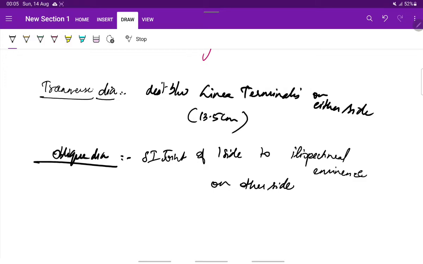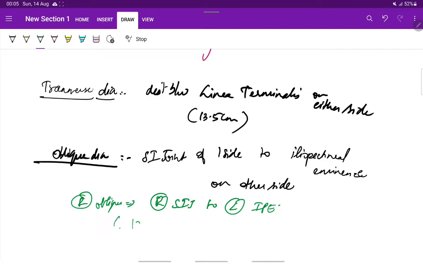For example, if it is the right oblique diameter, it extends from the right sacroiliac joint to the left iliopectineal eminence, and similarly if it is left oblique, it is from the left sacroiliac joint to the right iliopectineal eminence, and this measures about 13 centimeters.